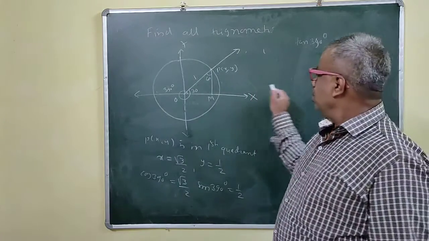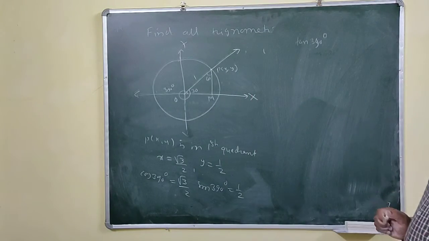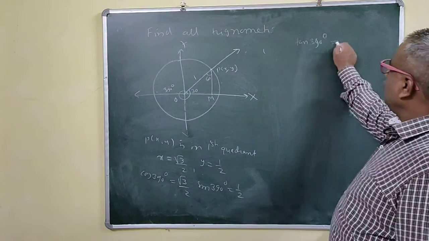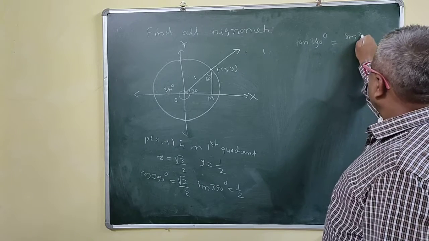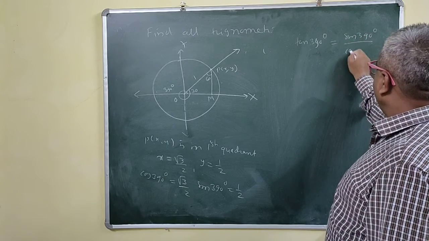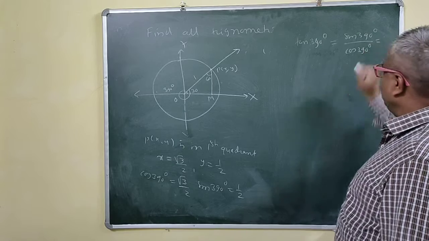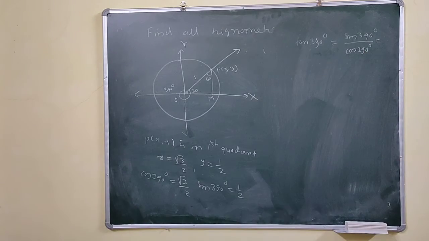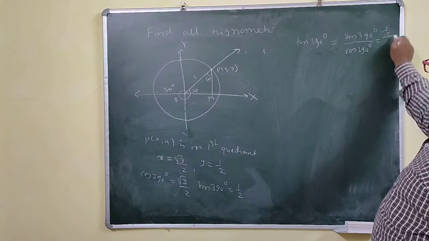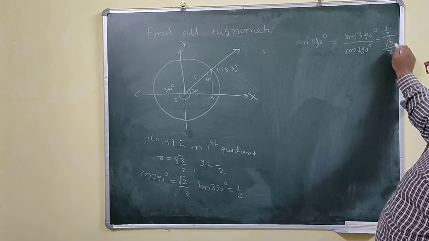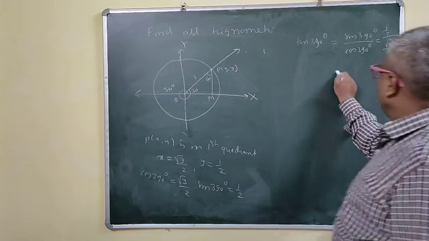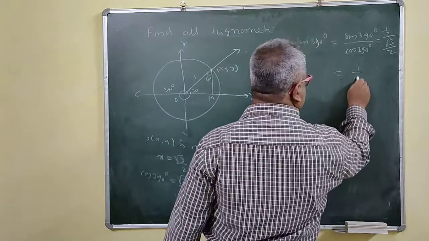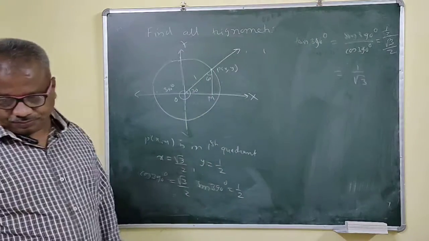We will discuss that later on. So tan is sin 390 degree upon cos 390 degree. Sin 390 degree is 1/2 upon root 3 by 2, so this is equal to 1 by root 3.